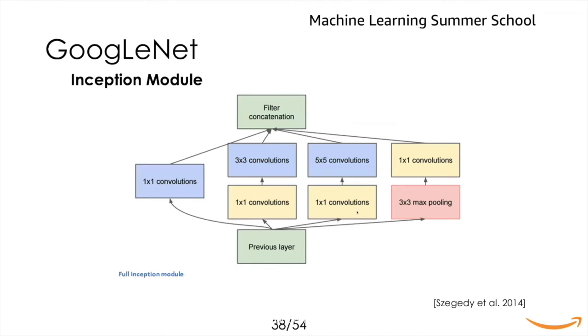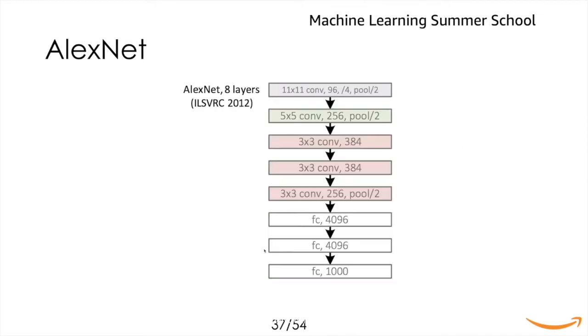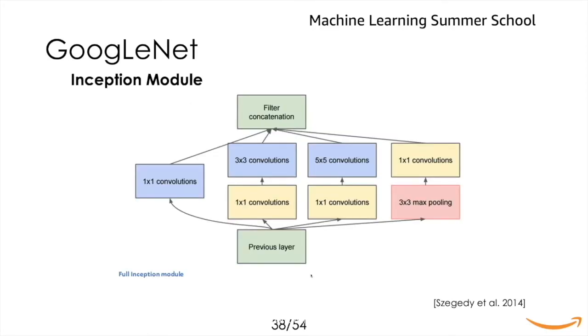And this is GoogleNet. In GoogleNet, you have a new module which is introduced called the Inception module. Instead of extracting features at a single scale using a single set of filters, as in AlexNet, for example, where an 11 cross 11 filter is used and then a 5 cross 5 filter is used and so on, in the GoogleNet Inception module, at a time you use filters of different dimensions.